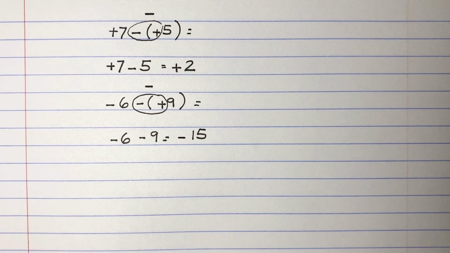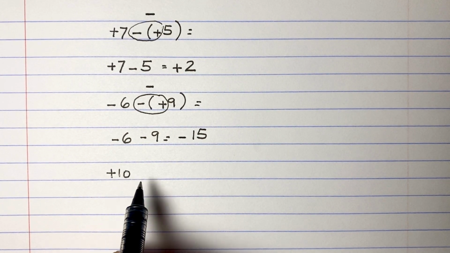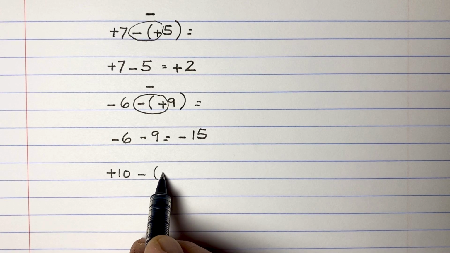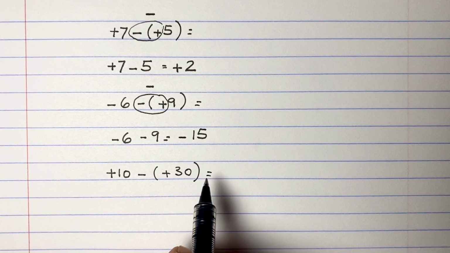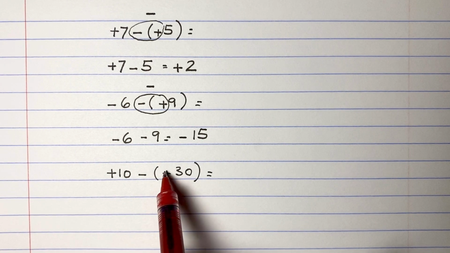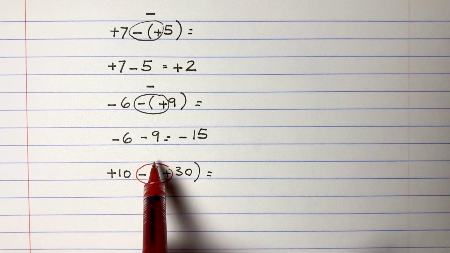More examples. Positive 10, take away positive 30. Whenever you see double signs, reduce them. Negative times positive is negative.